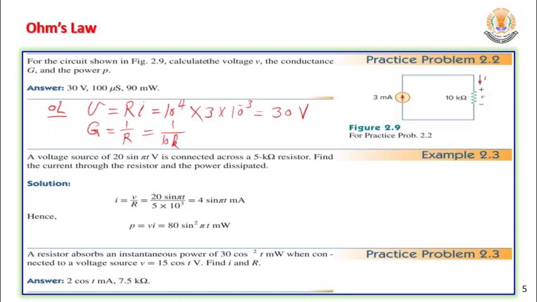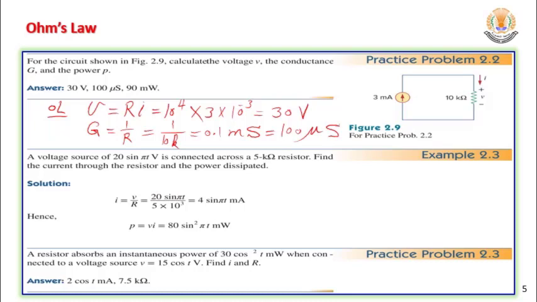So it will be 0.1 milli Siemens. Can we rewrite this one in a better form? Yes, by using micro. This means you multiply by 10 to the power of 6. So it will be 100 micro Siemens.